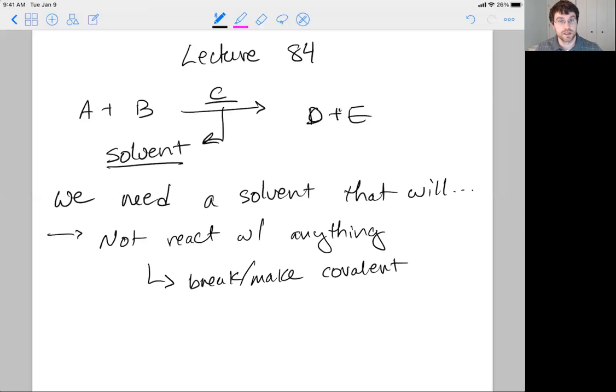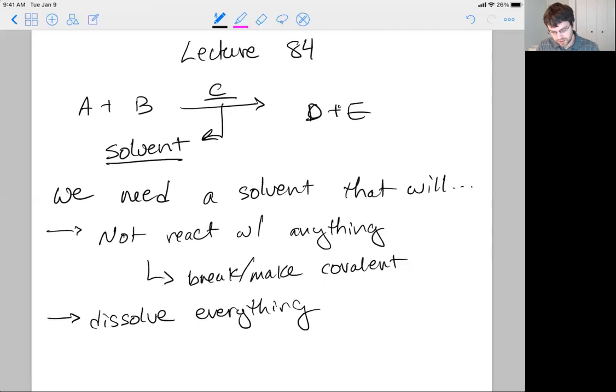And so for us to really be able to control the reaction of one electrophile with one nucleophile, we want the solvent to do its thing without making or breaking covalent bonds. It will disrupt ionic bonds too, as we talked about in the last lecture, to make sure that the anionic nucleophile, often an anion, can react properly with the electrophile. So it can't react with anything, but it must dissolve everything.